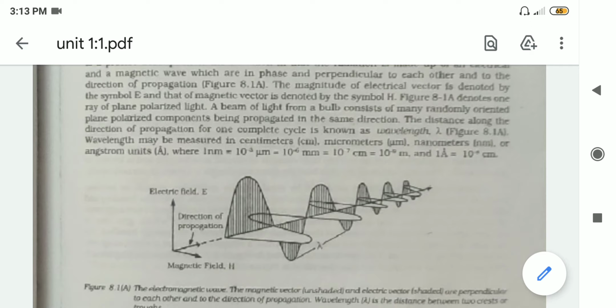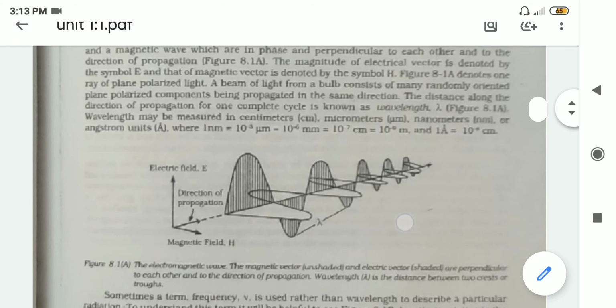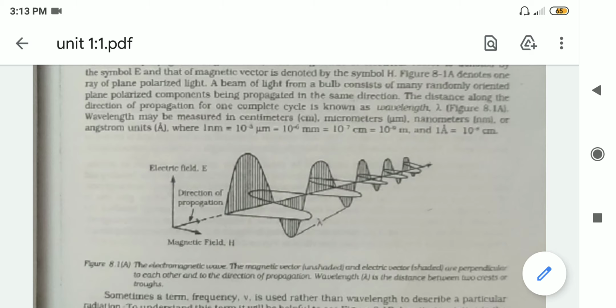Wavelength is measured in centimeters or micrometers or nanometers, or another unit is the Angstrom unit. 1 Angstrom refers to 10 raised to minus 8 centimeters.